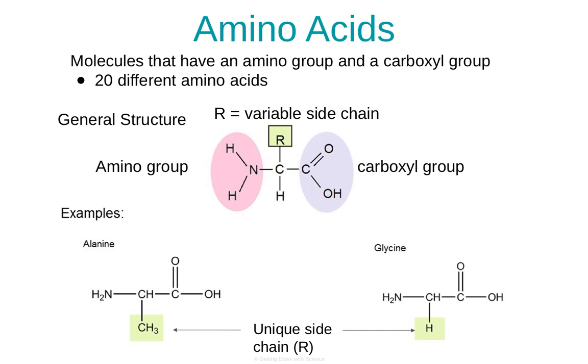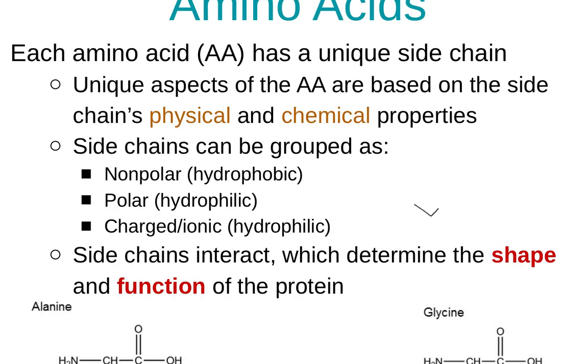So the R group, the methyl group, is unique, and the hydrogen group gives the variation in these amino acids, making one of the amino acids alanine and the other one glycine. Each amino acid has a unique side chain, and the unique aspects of the amino acid are based upon this side chain. It definitely gives it its physical properties and its chemical properties.